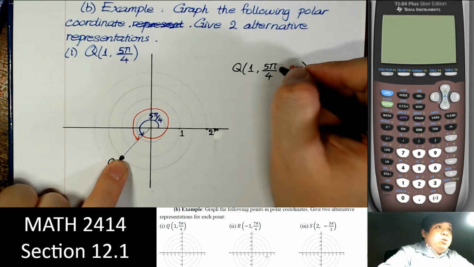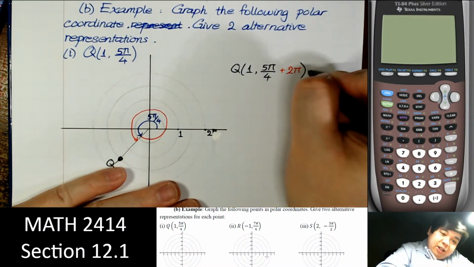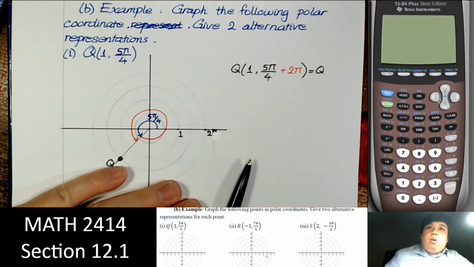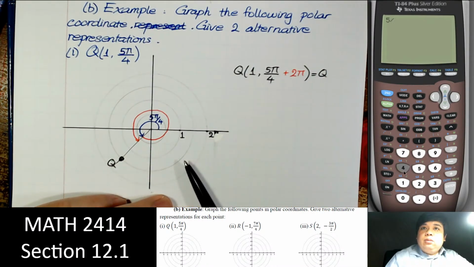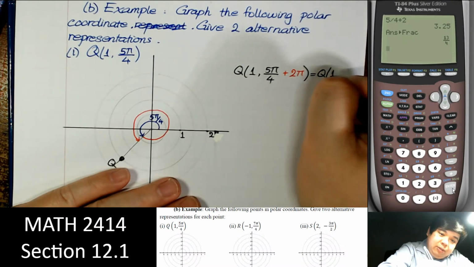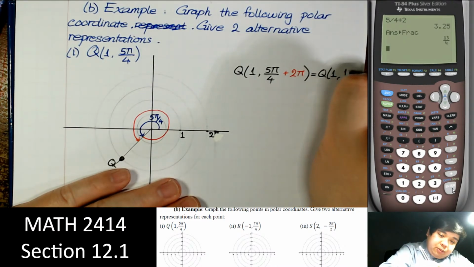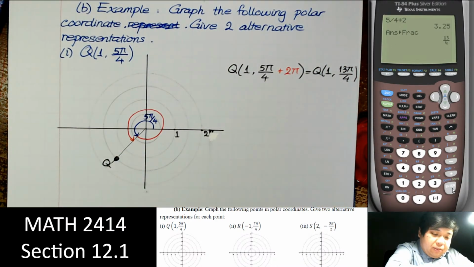As long as the radius is still the same, it's good. So that is Q, 5 pi over 4 plus 2 pi. So we can say 1 and 13 pi over 4. The same representation. Right.